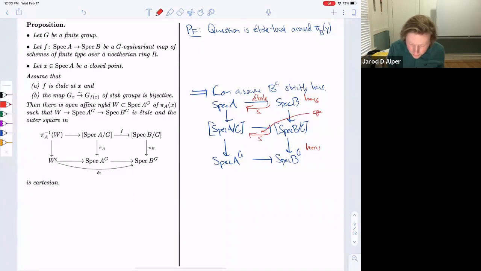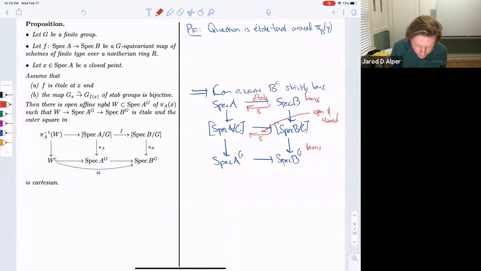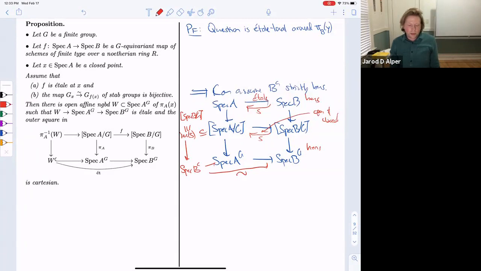So its image, if I just take the image of S, is an open and closed substack that's isomorphic to Spec B mod G. And then this has tautologically the quotient, which is B^G. And this map is not only étale, it's an isomorphism. And so étale locally, we handle it.